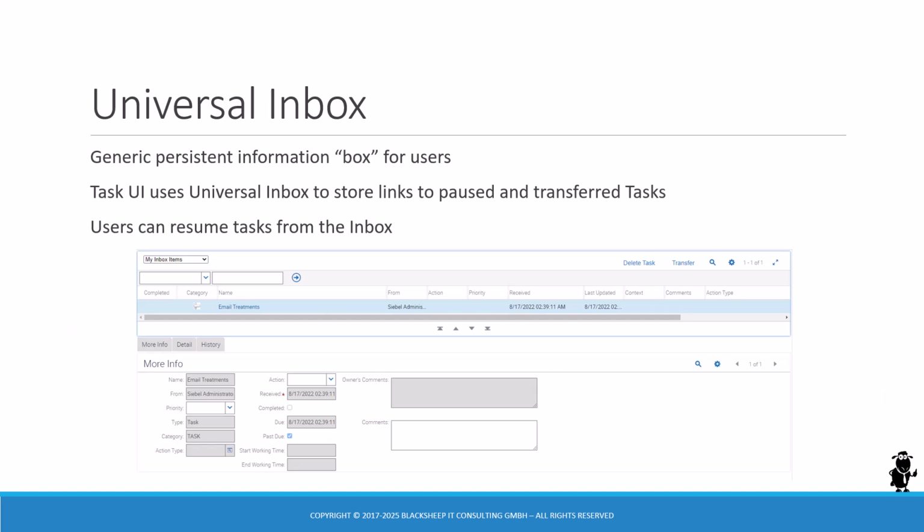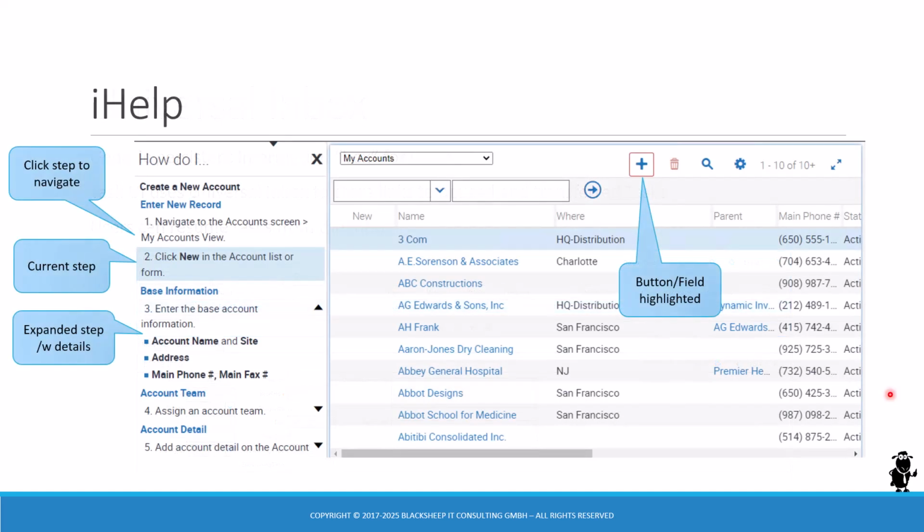Great for approval workflows as well. And iHelp is, well, another underrated automation tool. Do you have those simple but still lengthy processes that users forget how to do and they skip steps? iHelp can be a very easy way out. No repository work needed.